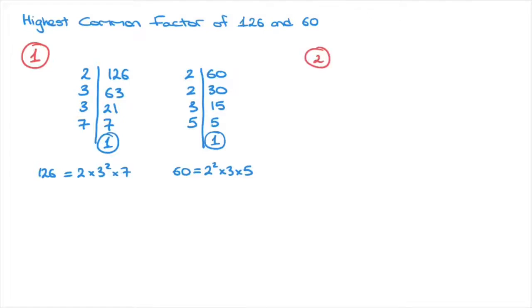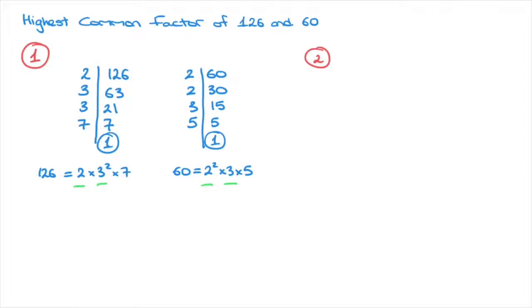Remember that the highest common factor equals the product of all of the prime factors that these two numbers have in common, raised to the smallest power we can see. Now, looking at both of these products of prime factors, we can see that the factors that they have in common are 2 and 3. And the smallest power of 2 that we see is simply 2, so that's 2 raised to the power of 1.